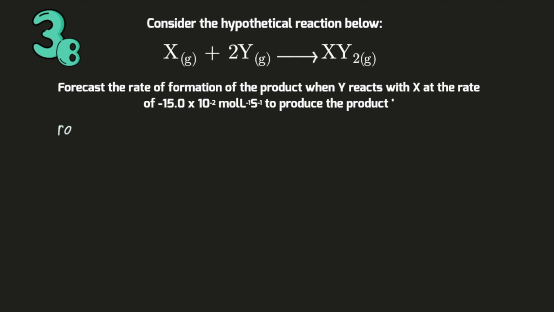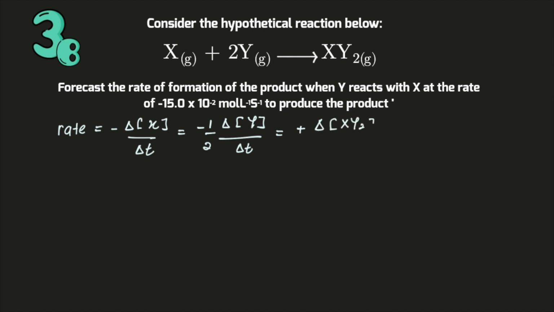So the rate expression is: rate equals negative delta concentration of X over delta T, equivalent to negative 1 over 2 delta concentration of Y over delta T, equivalent to positive delta concentration of XY2 over delta T. In the question given to you, it states that Y reacts with X at the rate of negative 15.0 times 10 to the power of negative 2, and you were asked to find the rate of formation of the product.